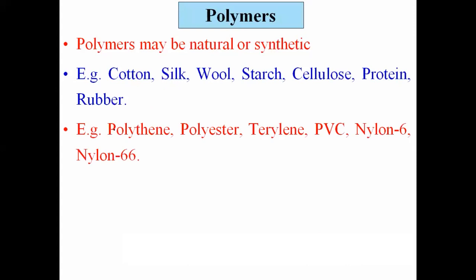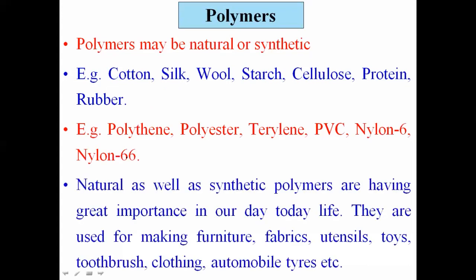In the second line, polythene, polyester, terylene, PVC, nylon 6, and nylon 66 are examples of synthetic polymers. They are synthesized in the laboratory. Natural as well as synthetic polymers have great importance in our day-to-day life.